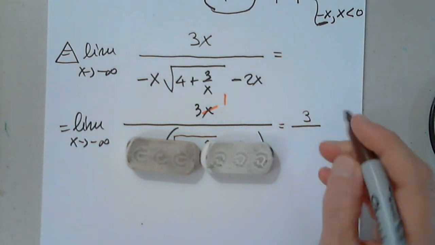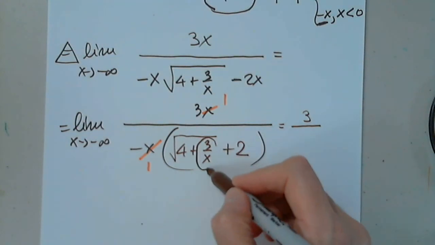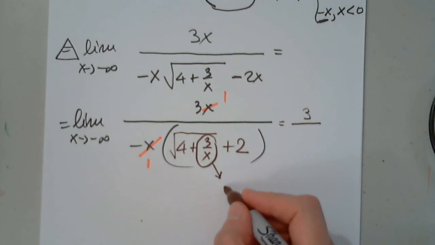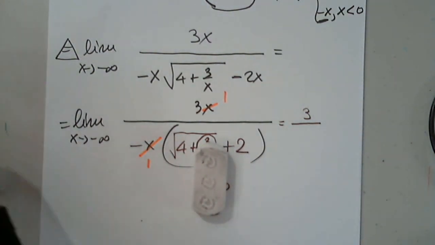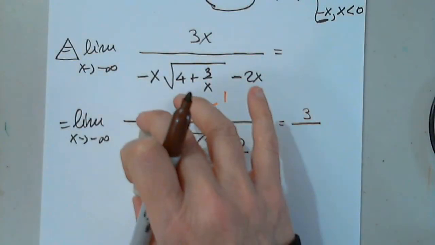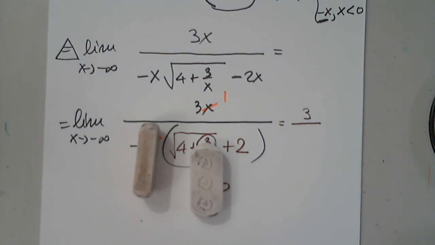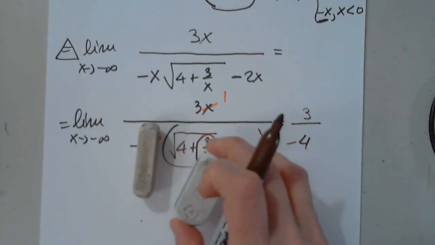Good. 3. Now, where is the denominator going? First, let's ask ourselves, where is this going? 0. Excellent. So this is gone. How much is this? 2. Plus 2. 2 plus 2? 4. Oh, negative 4. Done.